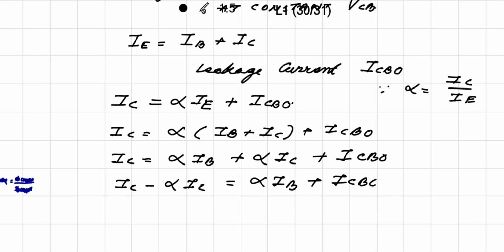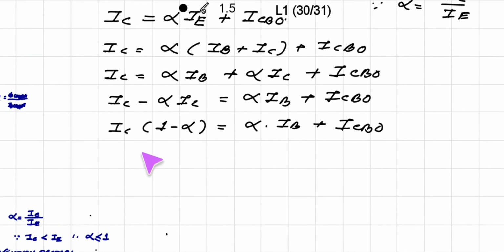Here we are taking IC common, that is IC into 1 minus alpha is equal to alpha times IB plus ICBO.